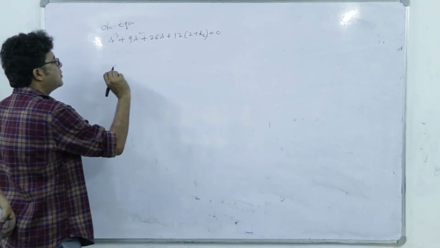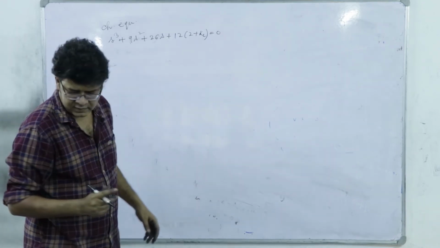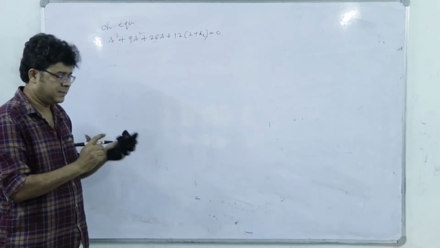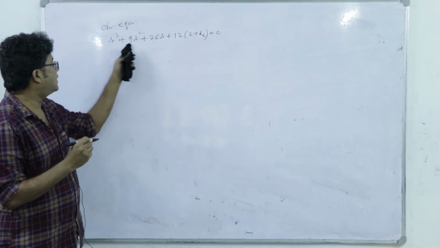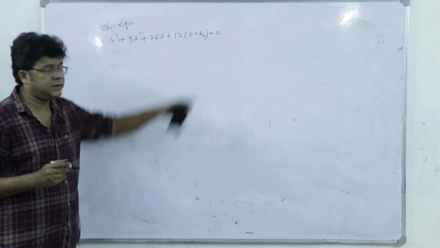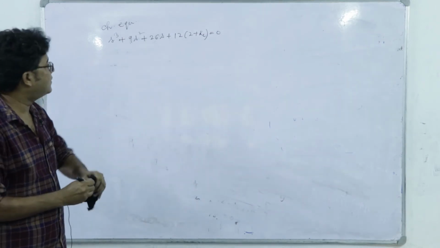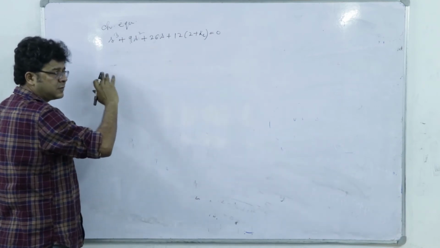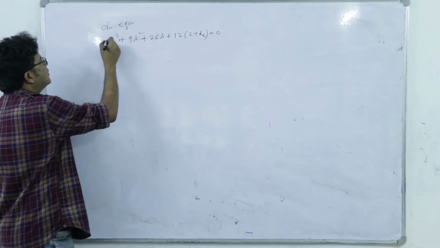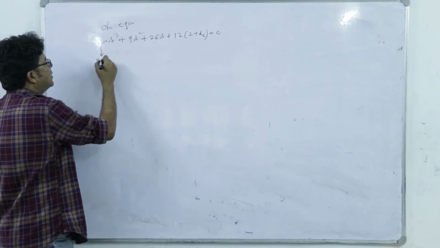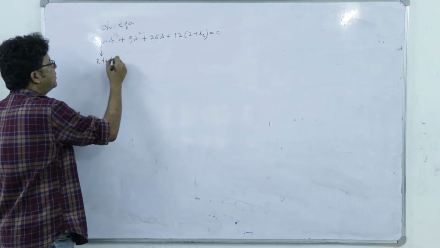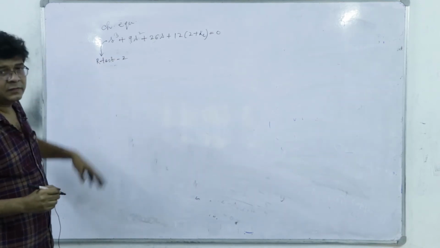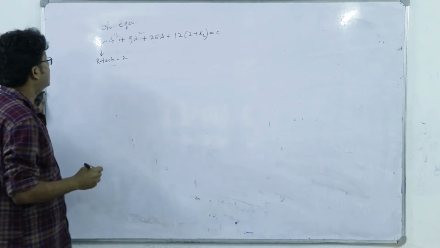Here we can see that all the coefficients are positive: 1, 9, 26, 12 into (2 plus kc). So Routh test 1 is passed, and we have to go for Routh test 2. There we have to construct the Routh-Hurwitz table.